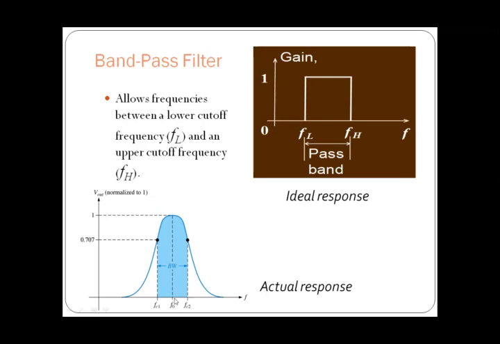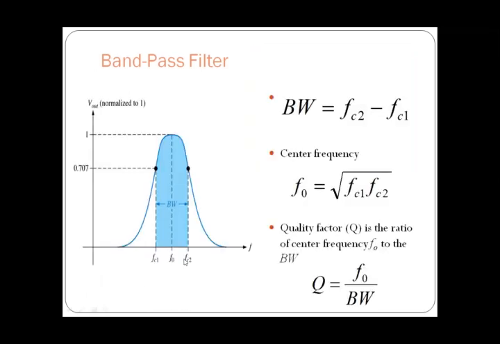The signals having frequencies between these two will be allowed. Here you can observe the blue color section is the pass band. It allows only the frequencies between FC1 and FC2 and rejects all other frequency components.